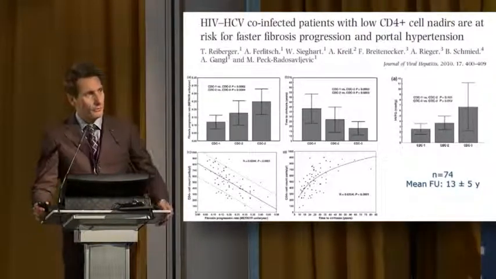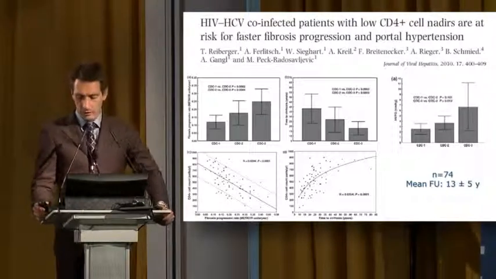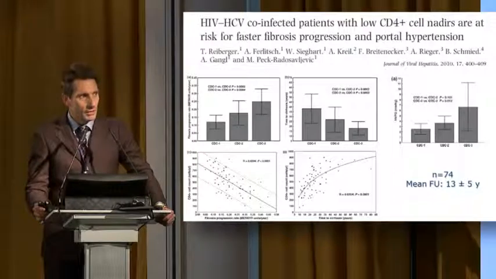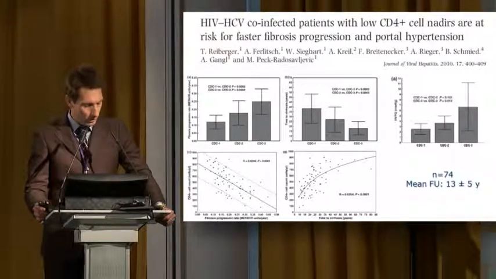On the top right-hand panel, you can see that with decreasing CD4 cells, you have an increase in portal pressure. And in the lower panel, you see the inverse correlation between CD4 cells and fibrosis progression rate, and an increasing time to cirrhosis with increasing CD4 cells.